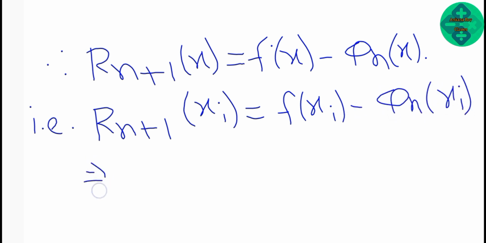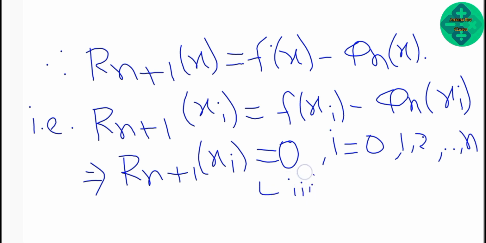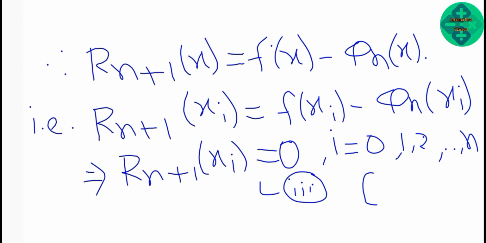Now since f of xi is equal to phi n xi for i is equal to 0, 1, 2 up to n, therefore R n plus 1 xi is equal to 0 for i is equal to 0, 1, 2 up to n. This is equation 3. f of xi is equal to phi n xi from equation 1.